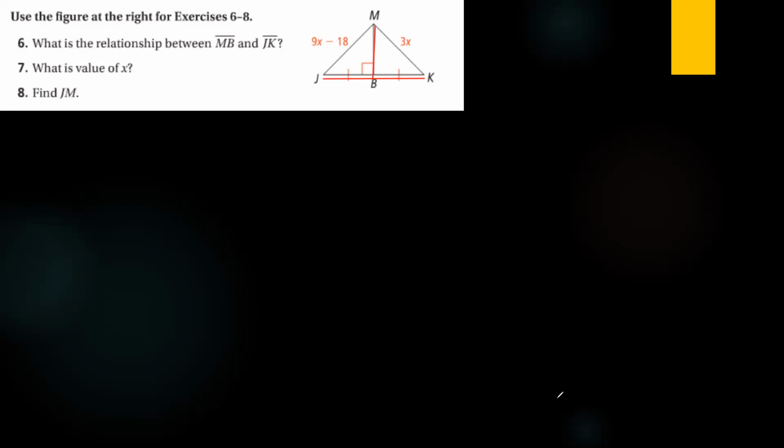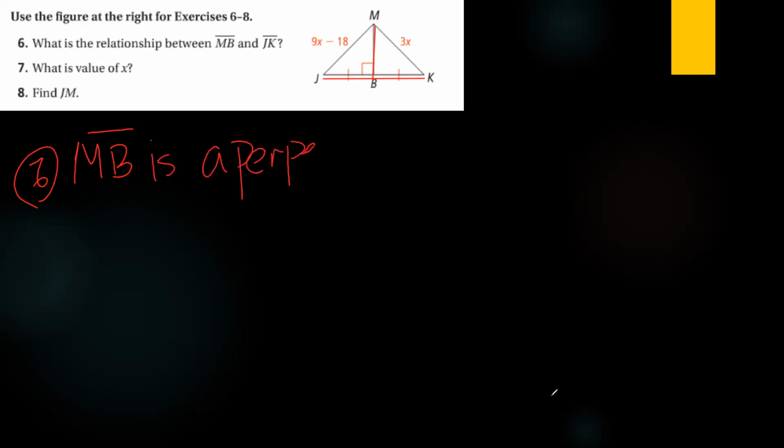So number 6: the line segment MP is the perpendicular bisector of the line segment JK.